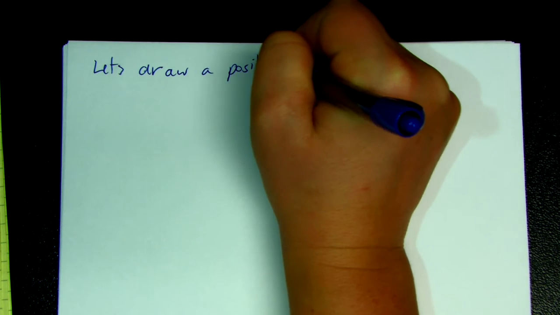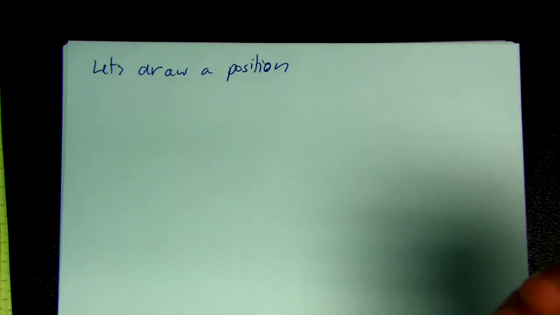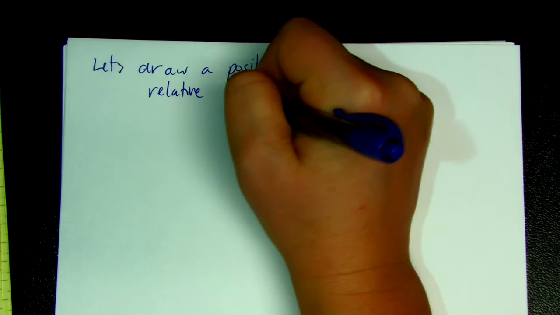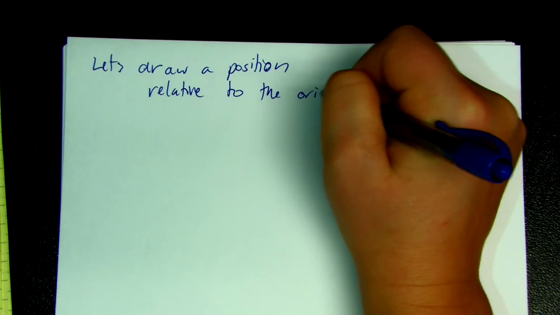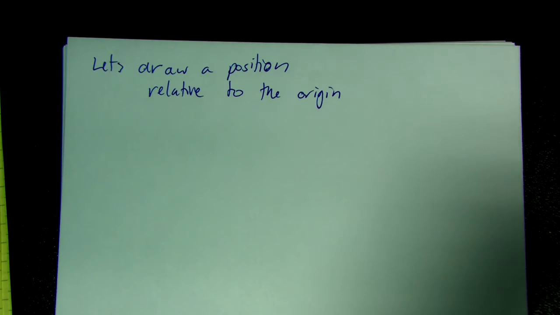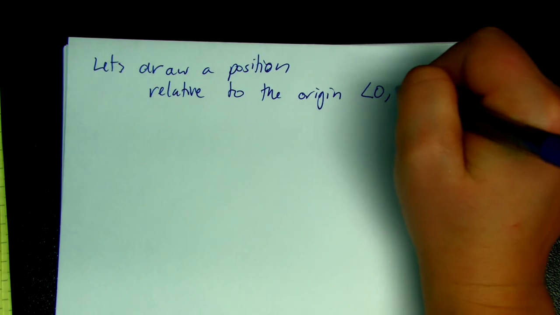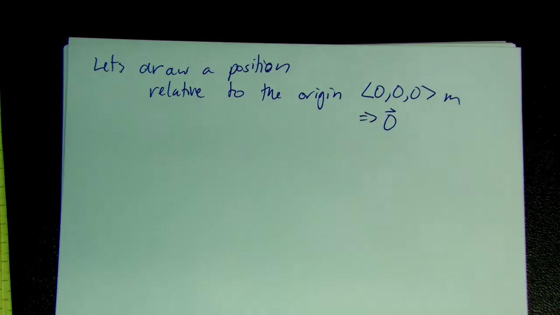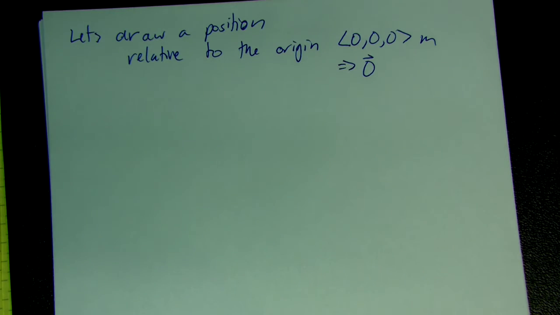So in physics, measurements are always made relative to something. So when you're dealing with the Cartesian coordinates, it's relative to the origin. And that's, of course, where X, Y, and Z meet. It's also the 0 vector, sometimes denoted with a 0 with a little vector sign over top.